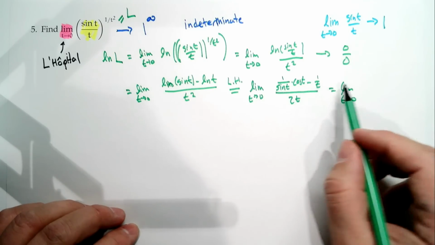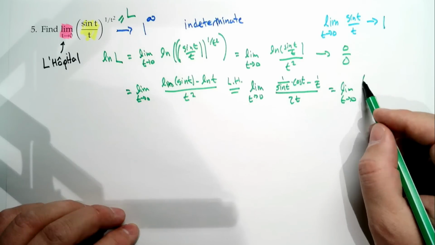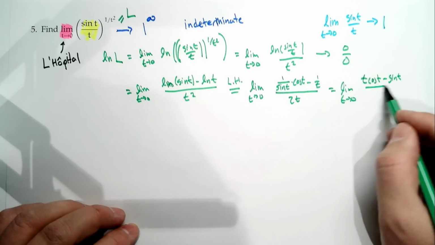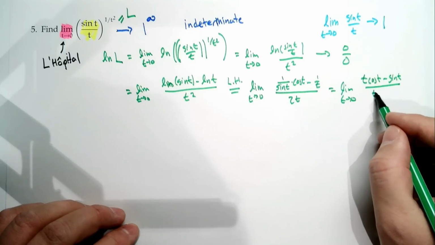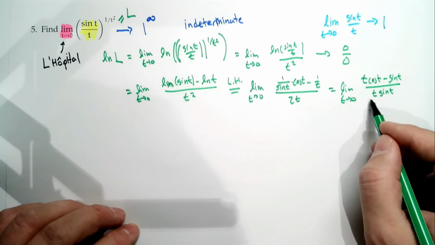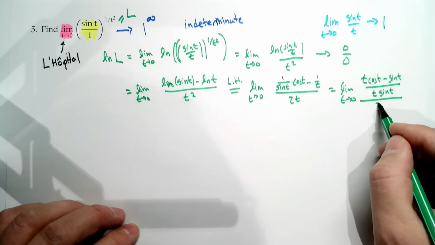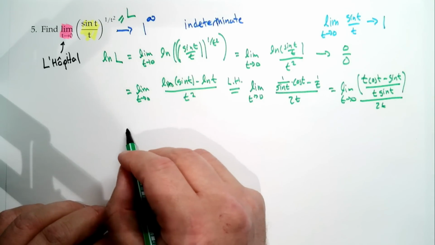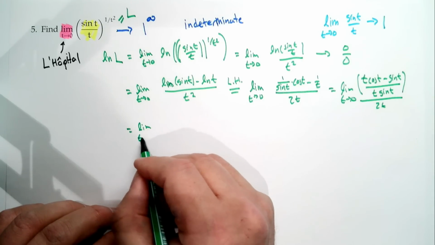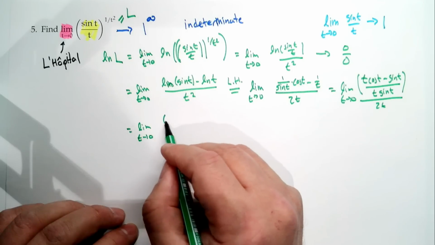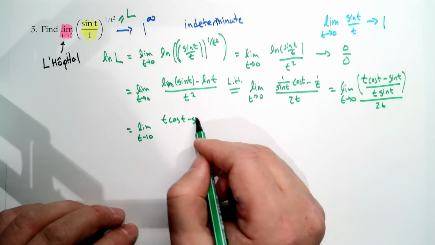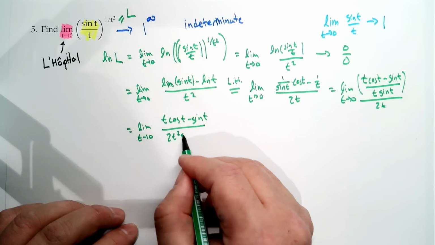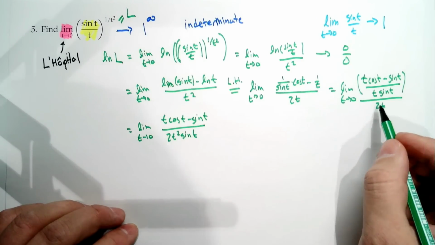If we get a common denominator of t times sine t upstairs, that would be t times cosine t minus sine of t, divided by t times sine of t. That's the numerator. The denominator is 2t. So this becomes the limit as t goes to 0 of t cosine t minus sine t, all divided by 2t squared sine t, if I just move that 2t up.